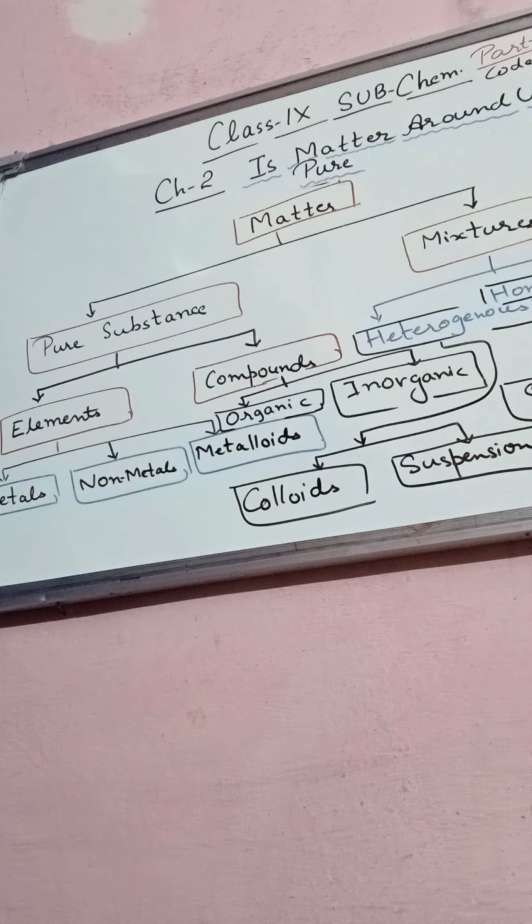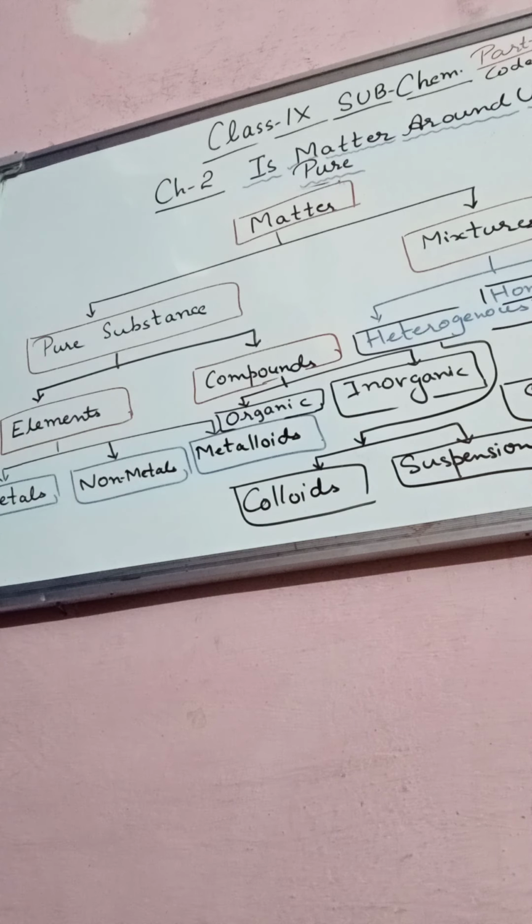and heterogeneous mixtures. By the activity you can observe that in A and B, where you have taken 50 ml of water and 1 spatula of copper sulfate in A, and in B 2 spatulas of copper sulfate and 50 ml of water, these mixtures have a uniform composition throughout.